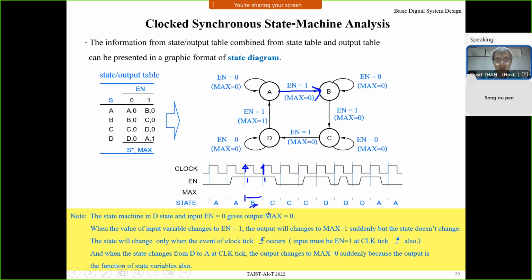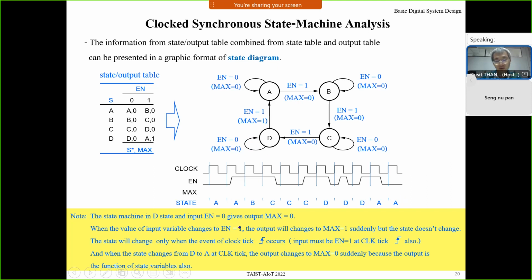Input is 1, change to C. At this clock tick, input is 0, nothing changed, still state C. This clock tick, input is 0, nothing changed, still state C. At this clock tick, input is 1, change from C to D, right? At this clock tick, input is 0, still on state D, and so on.